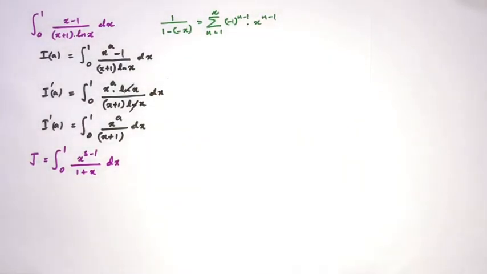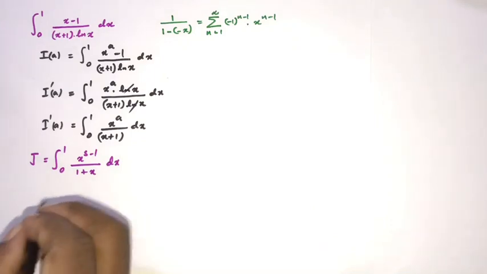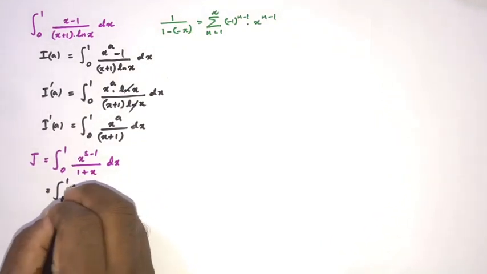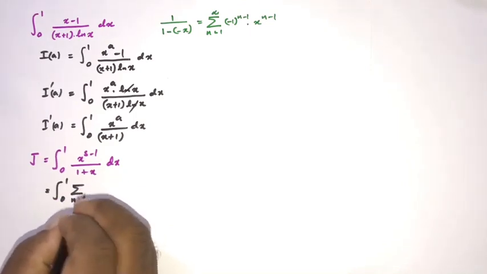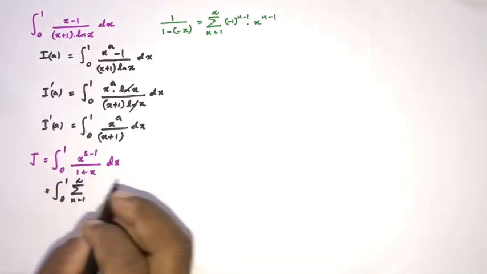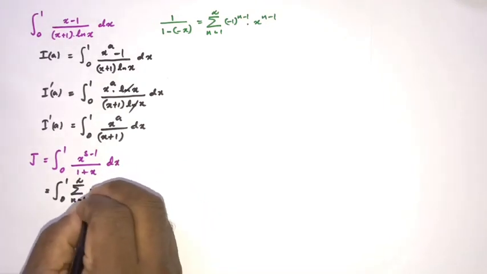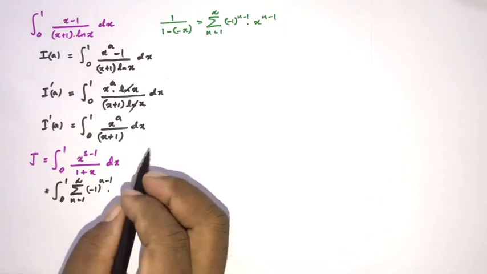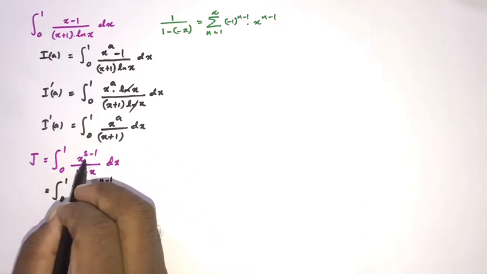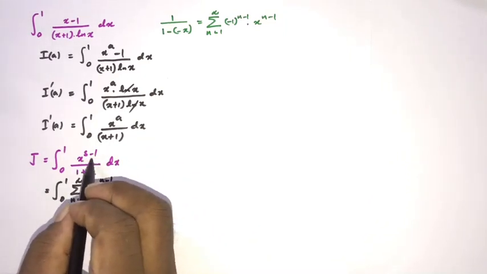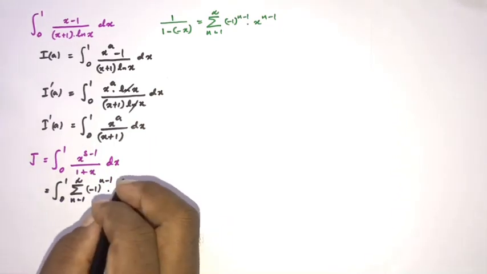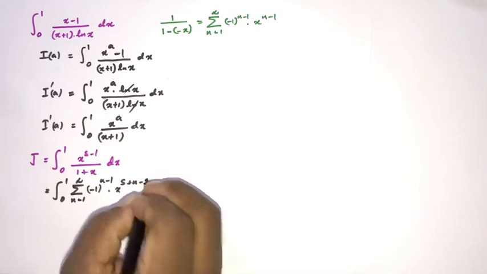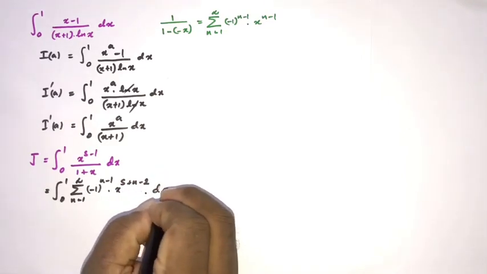So now we can plug in here and write the integral from 0 to 1 of the infinite sum, n is equal to 1 to infinity, of minus 1 to the n minus 1 times x to the n minus 1, but here we have x to the s minus 1, so summing s minus 1 and n minus 1 we get x to the s plus n minus 2 dx.